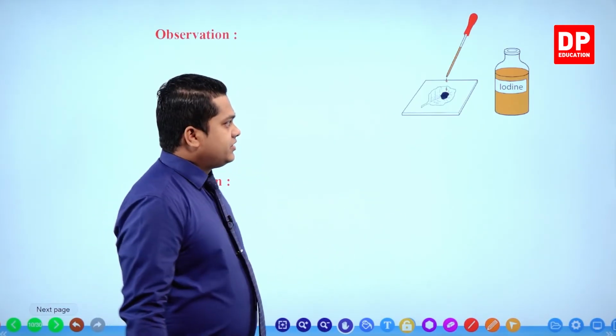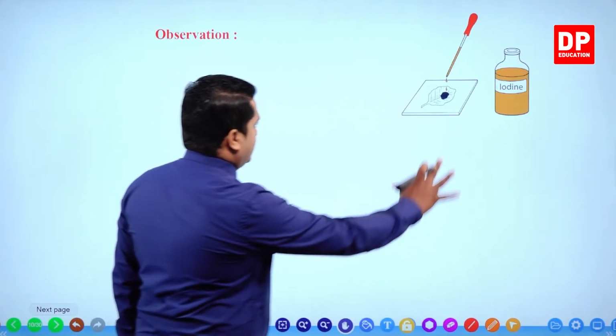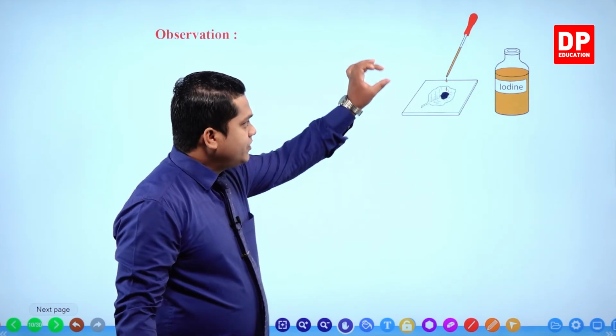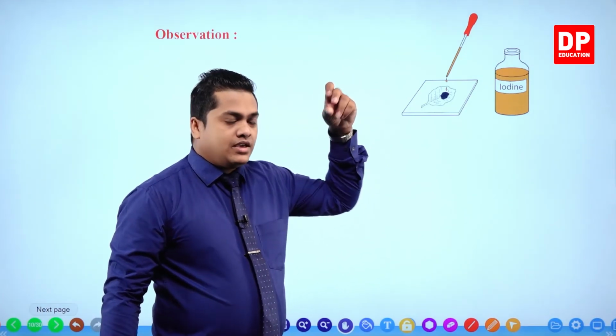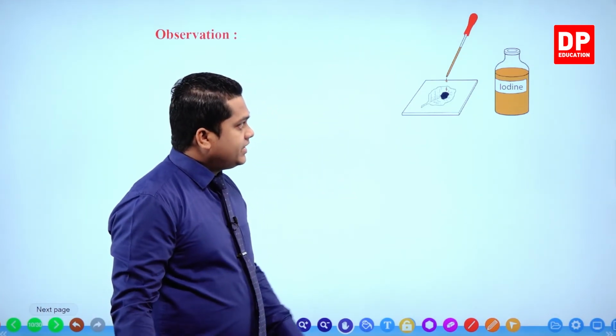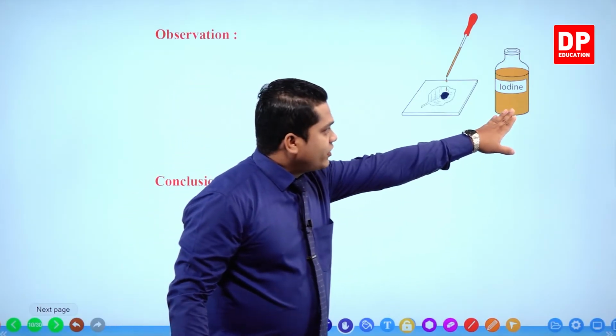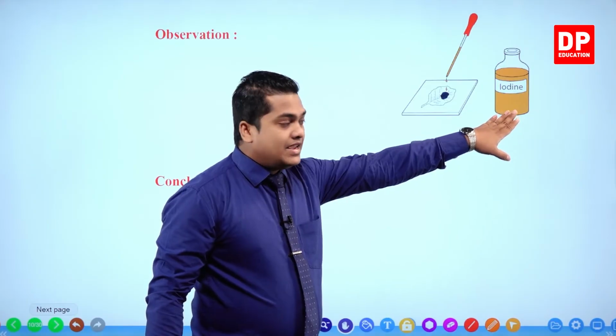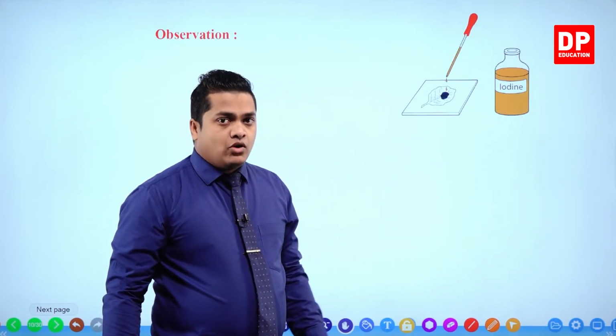Right? So my dear children, here you are given the figure as well. What do you have to do? You have to take the dropper and place the dropper on the iodine solution. This is the original color of iodine solution. You can see it very clearly. It is having a brownish yellow color.